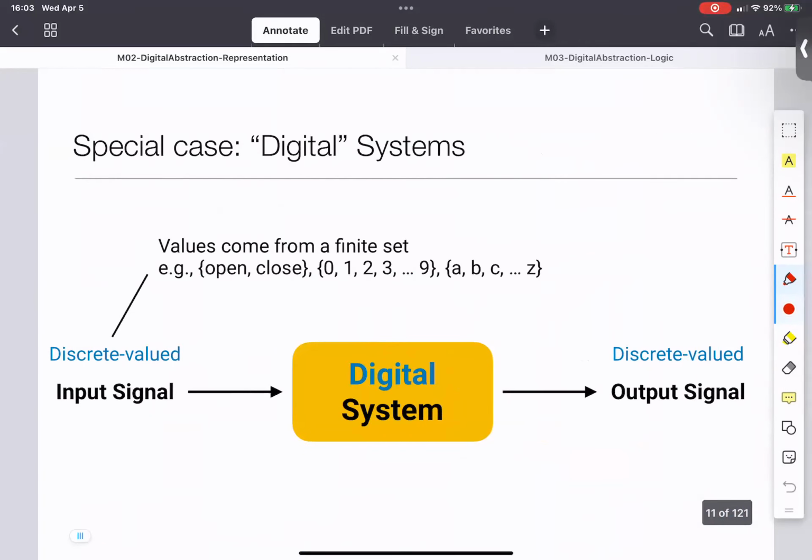Digital systems, the main thing is that the values come from a finite set, and that finite set could be anything. Generally speaking, a system that you're designing has an input which would be some finite set of values, even things like integers.